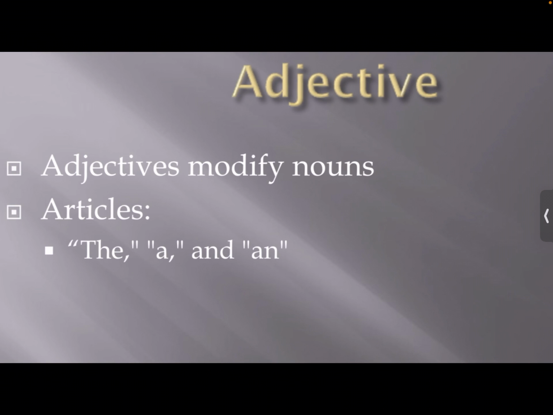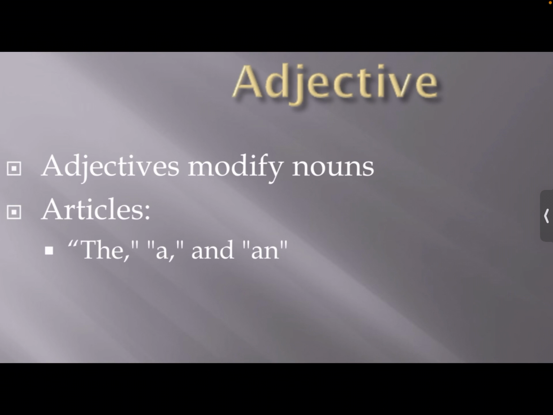I can say the small cat, or the blue fish, or this sharp knife. So I am describing other words. I am making my writing and speaking more specific and more detailed.